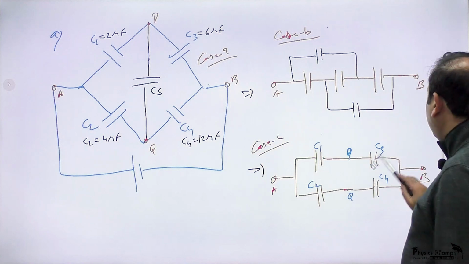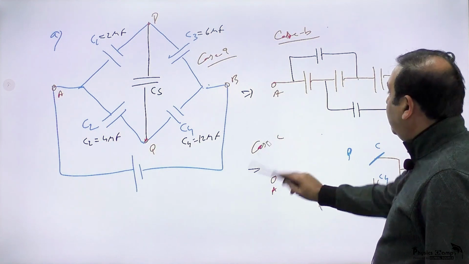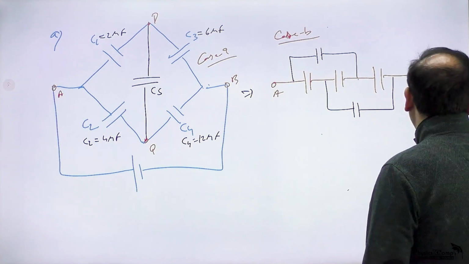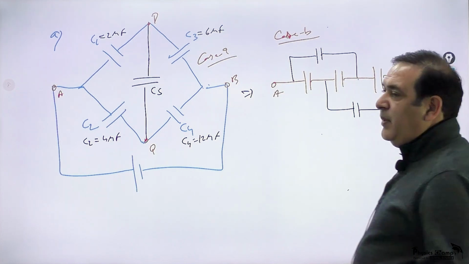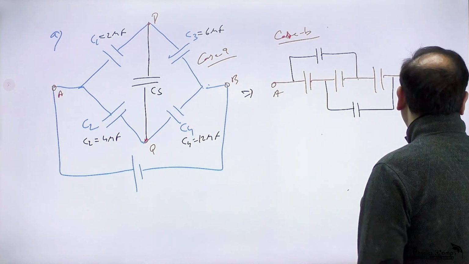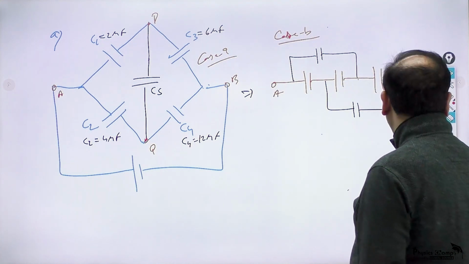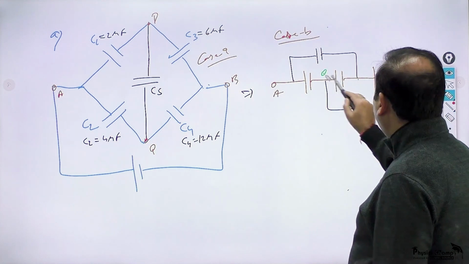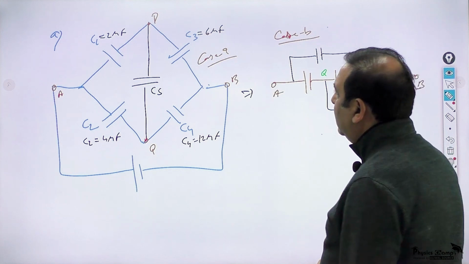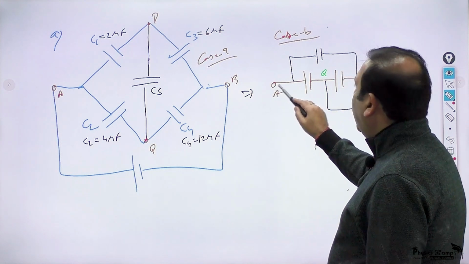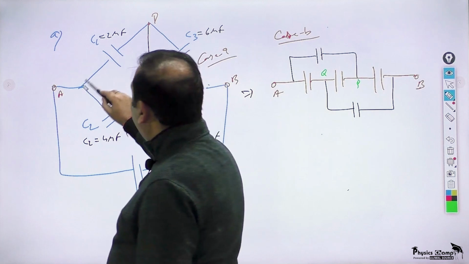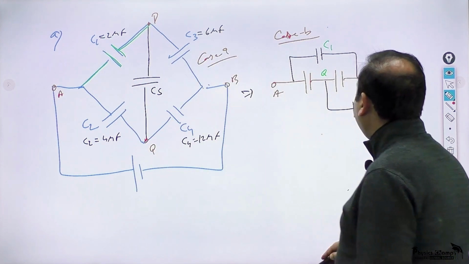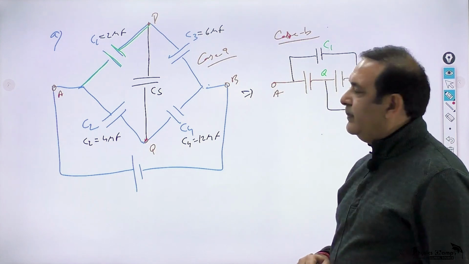Let's talk about this one, case B. How is it a Wheatstone bridge? Let's compare. I am naming them: this time this is Q and over here it is P. Between A and P you have a capacitance C1.